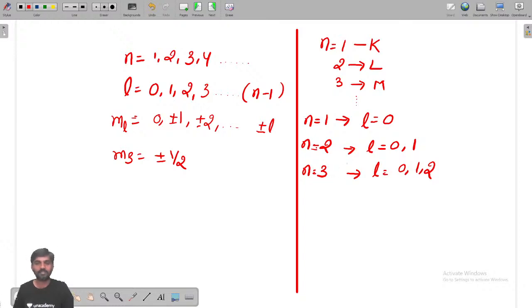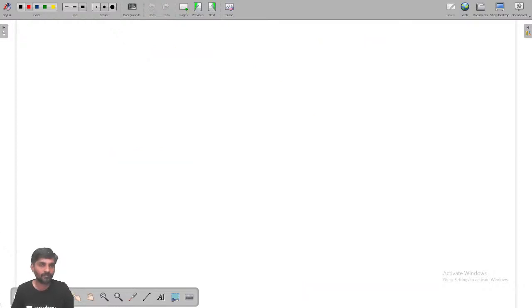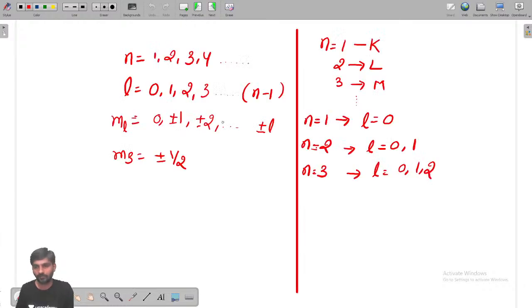Right? So for different values of l, what should be the value of m? Okay. Now let us consider. Let's go to the previous slide. One important thing here is we have l is equal to 0, 1, 2, 3, 4, like this, for different values of n.